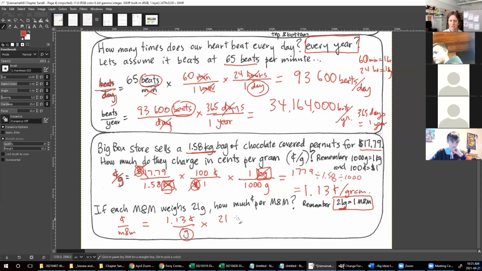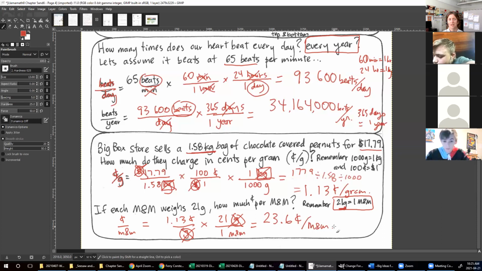So I say 21 grams per 1 M&M. Grams and grams cancel out. And now it's 1.13 times 21 divided by 1, but you don't need to do that. So times 21, and it gives me roughly 23.6 cents per M&M.